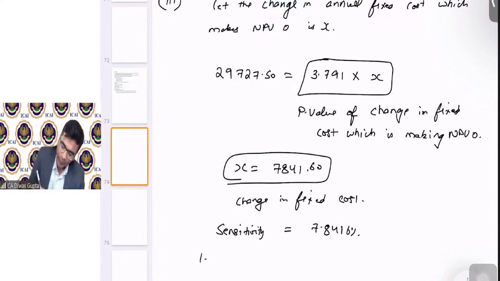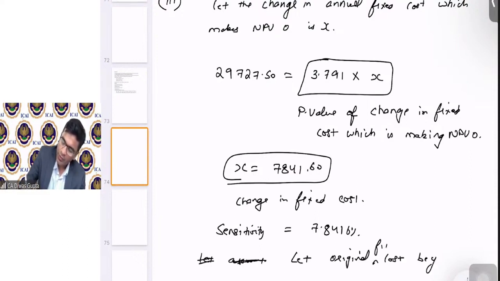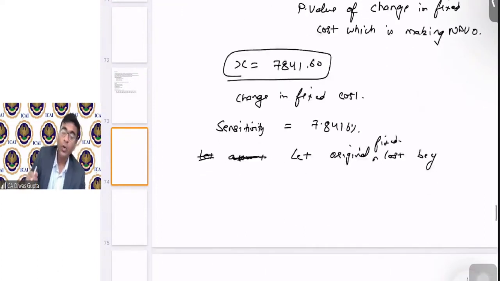So let's assume the original fixed cost be Y. Okay, students. So if the original fixed cost is Y, then if you multiply it by 7.8416 percent, you will arrive at the change, right?